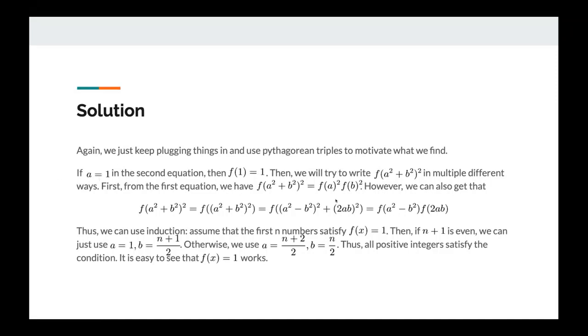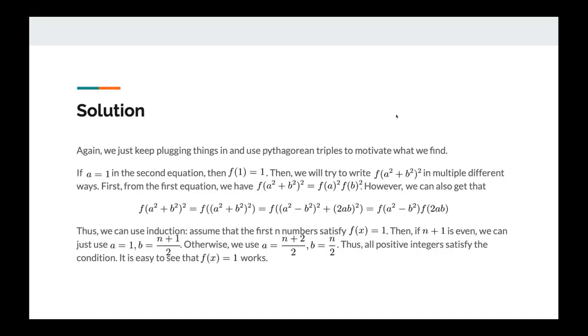If we plug in a equals 1, f of 1 equals 1, then we try to write this number, f of a squared plus b squared all squared, in multiple different ways. So simply from the first equation squared, we just get that it is equal to f of a squared times f of b squared.